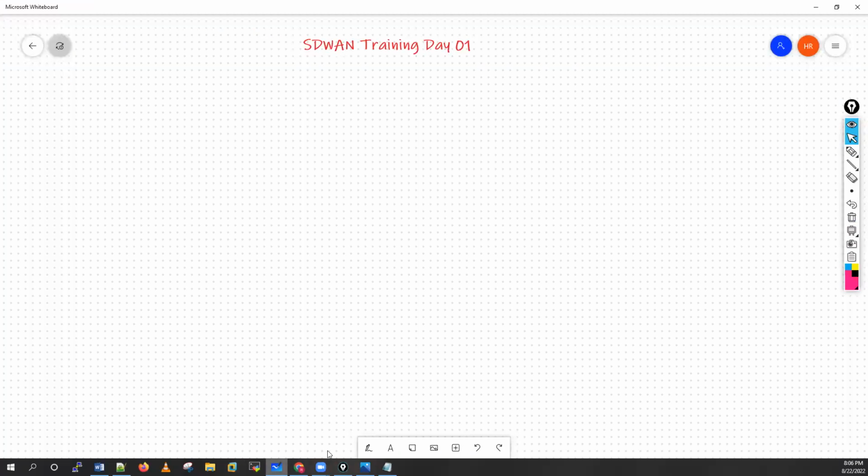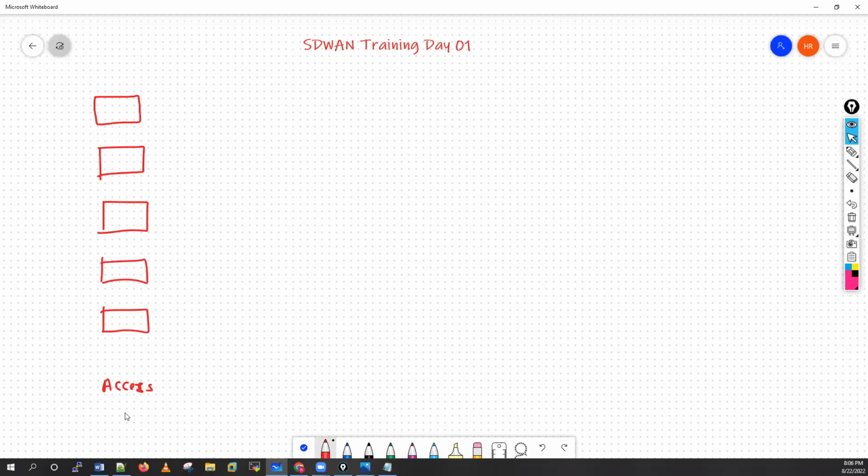In a traditional network, guys, we used to have some switches. These are your access layer switches.